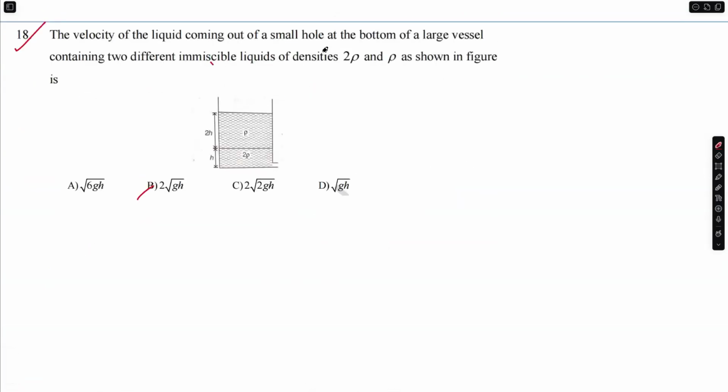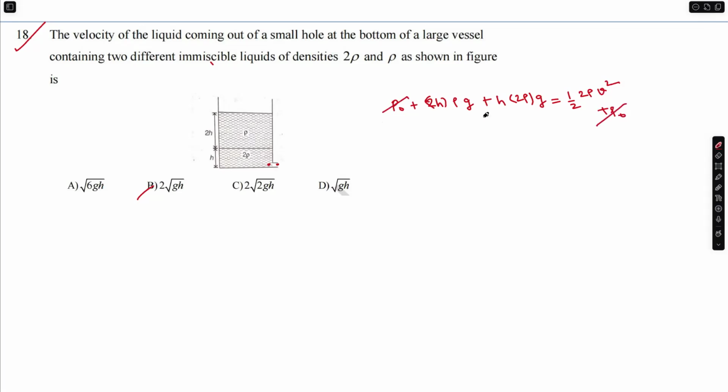The velocity of the liquid coming out of the small hole at the bottom of a large vessel containing 2 liquids. Apply Bernoulli's equation across these 2 points. P naught plus 2H rho G plus H 2 rho G is equal to half 2 rho V square plus P naught.